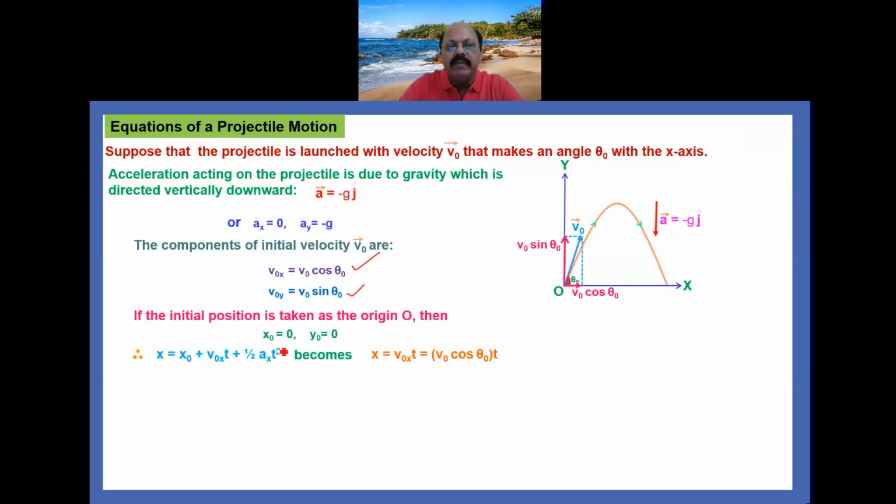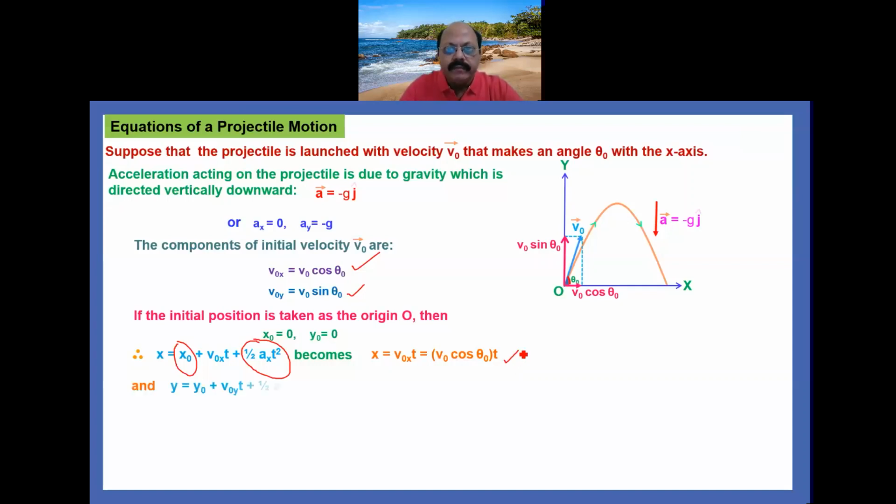So this factor becomes 0 and this factor becomes 0. These two factors become 0 after substituting the values of x naught and a_x. So what you will get is x equal to v0x t, and v0x is v0 cos theta naught. So x equal to v0 cos theta naught t.